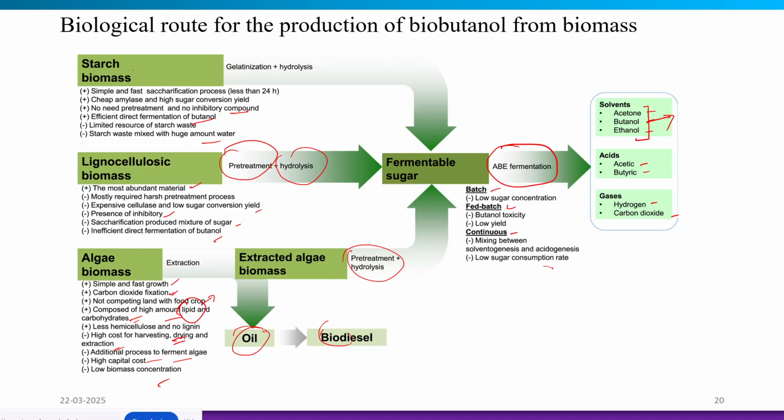And there is a low sugar consumption rate also. So ultimately, we get these three components, acetone, butanol, and ethanol, as solvents, and we need to go for further distillation to separate the product.